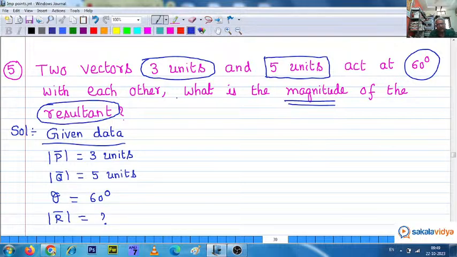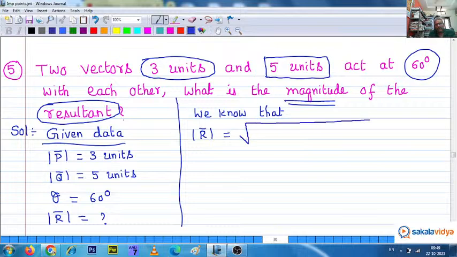Recall the formula for the magnitude of the resultant. We have mod r bar is given by root over mod p square plus mod q square plus 2 times mod p times mod q cos theta. So let us replace the respective values.